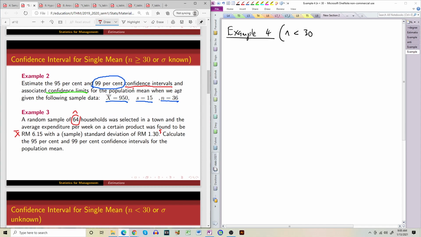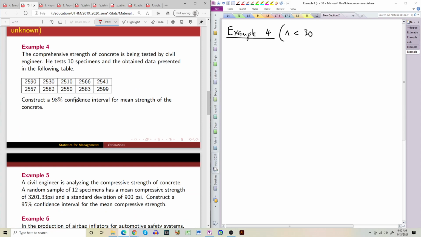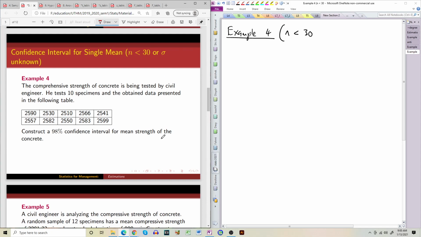The previous case 36, more than 30. This one is less than 30. So in this case, n less than 30 or sigma unknown. In our example n is less than 30. So not 8, 10, sorry, 10 species.